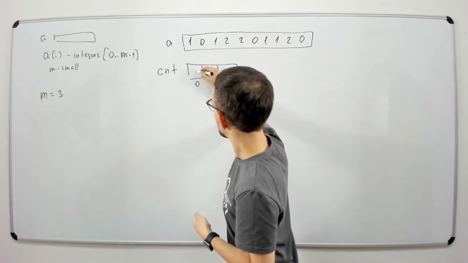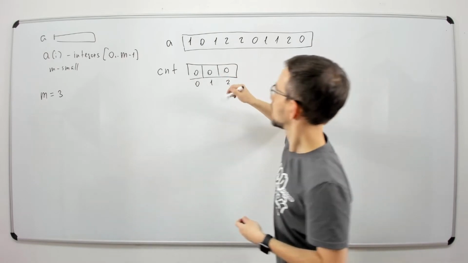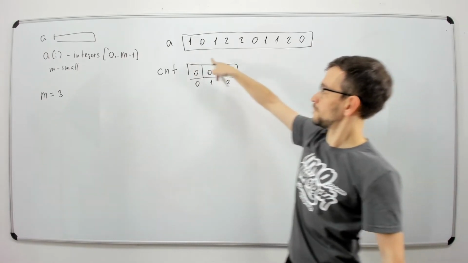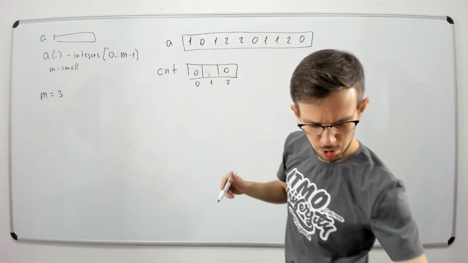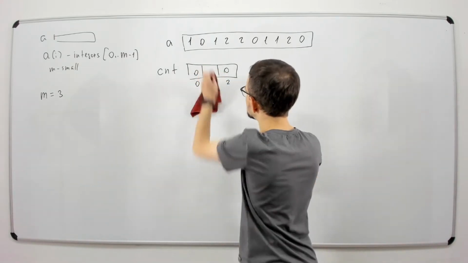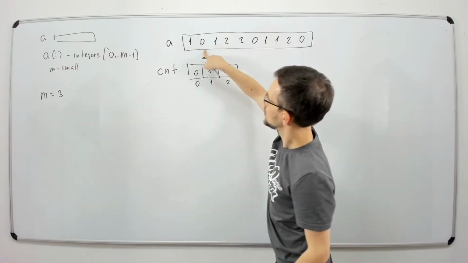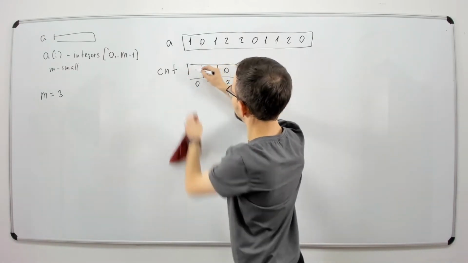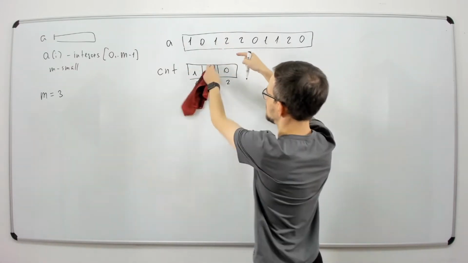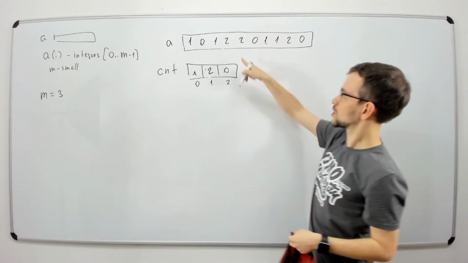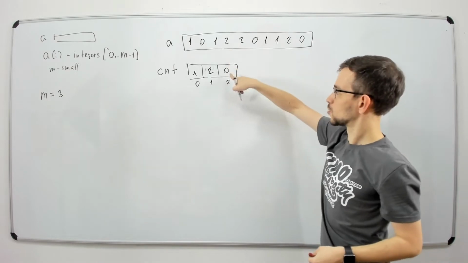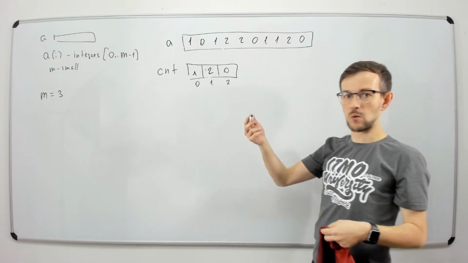So initially we have all counters equal to 0. Now we go from left to right, take this element, increase this counter, increase this counter. Then see the 0, increase this counter, see another one, increase again, and so on. Each time we see an element, go to this counter and increase the counter by 1.